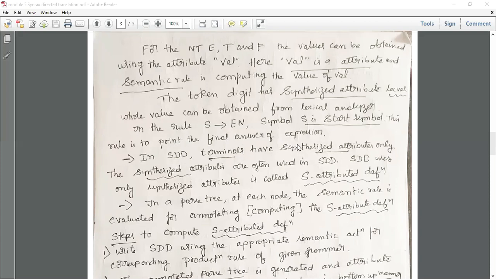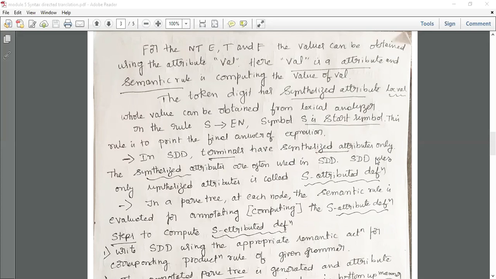In SDD, terminals have synthesized attributes only. Keep this information in mind. That is the main idea behind synthesized attributes: the terminal symbols, such as digit, only have synthesized attributes. Synthesized attributes are often used in syntax directed definition.